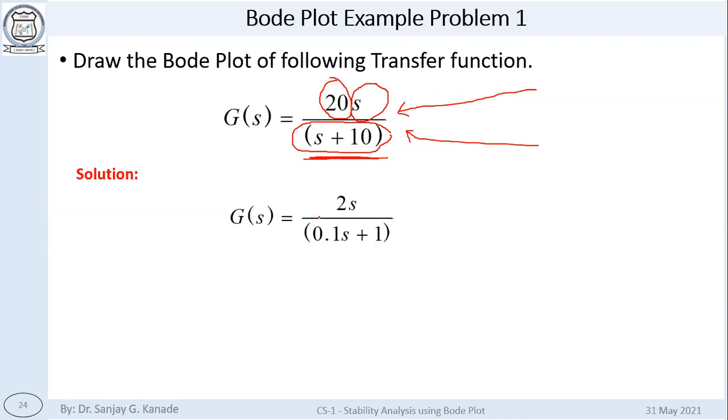So s by 10 is 0.1 s and 20 by 10 is 2, right? So we have got the transfer function now in the time constant form, and the value of that is 2s upon 0.1 s plus 1. Okay.